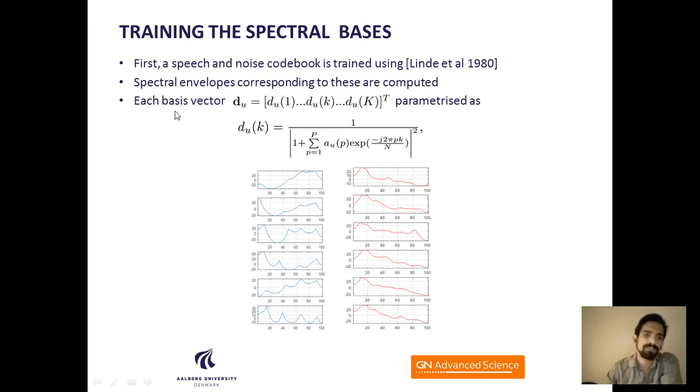And the spectral basis vector corresponding to a particular entry in the noise codebook is computed using this equation here. So here A_u are the AR coefficients which correspond to an entry in the codebook.